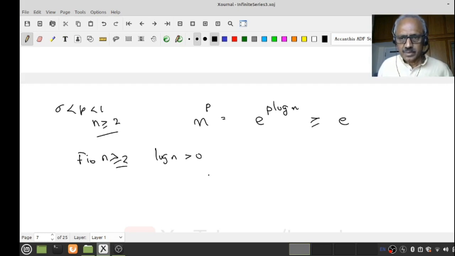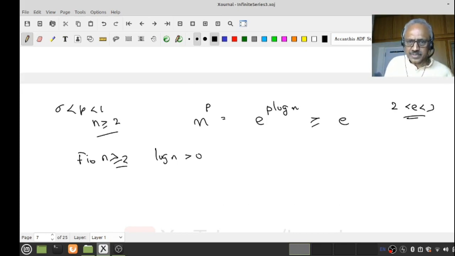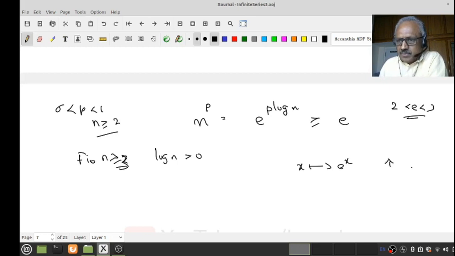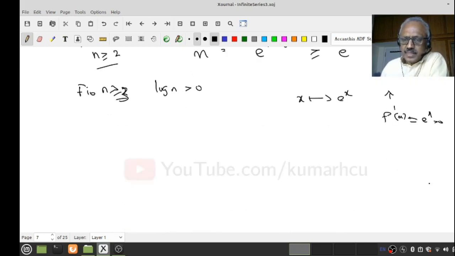Actually, since 2 is less than e which is less than 3, let me say n is greater than or equal to 3, then log n will be positive. But it doesn't matter. Remember, x going to e power x is an increasing function because the derivative of e power x is e power x, and that is positive.